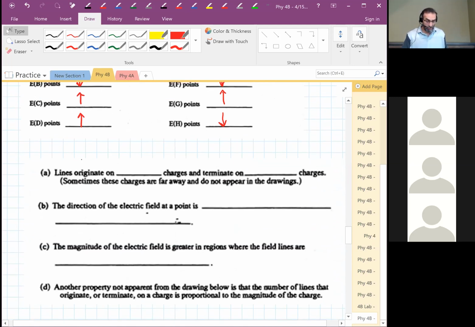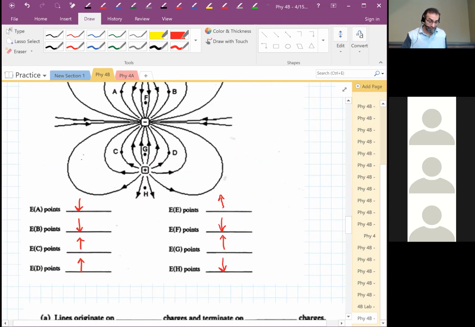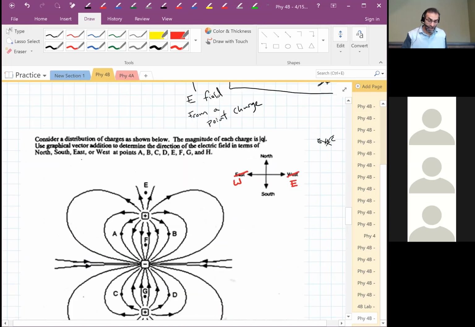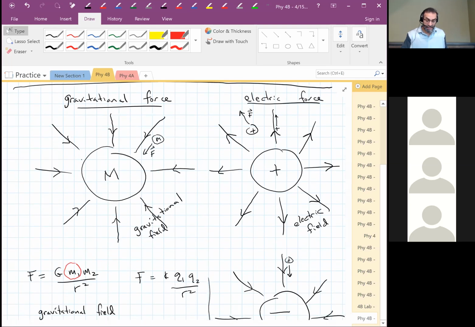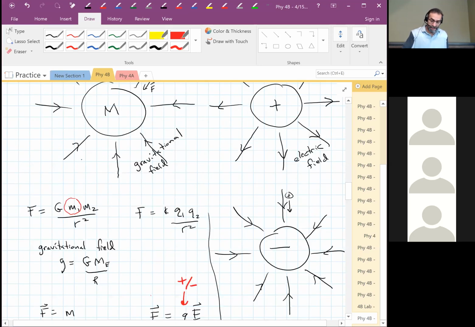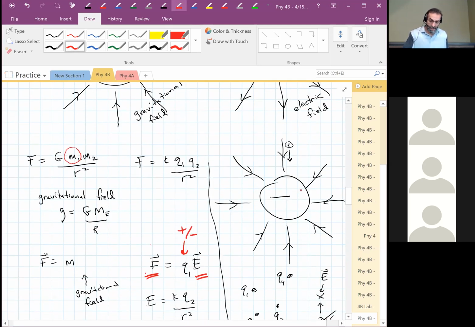Electric field lines originate on what kind of charges and terminate on what kind of charges? Right, we talked up here about the fact that the electric field points the direction a positive charge would go. Because positive charges repel each other, the electric field lines have to originate on a positive charge and move away from them, and they terminate on negative charges like I've drawn here.